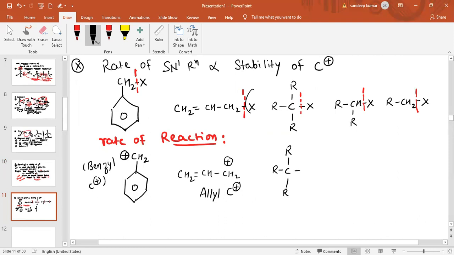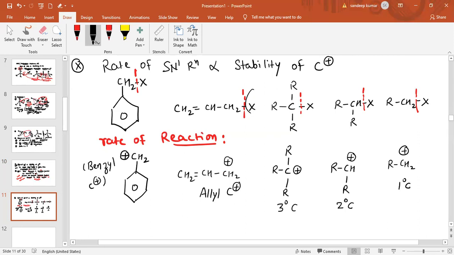When this halogen removes, this is the 2-degree carbocation. And when this halogen removes, this is the 1-degree carbocation.